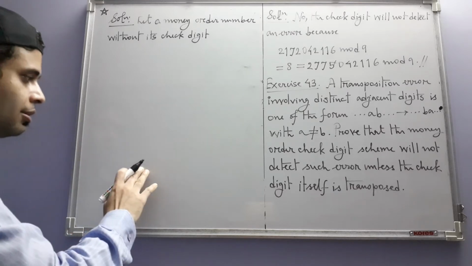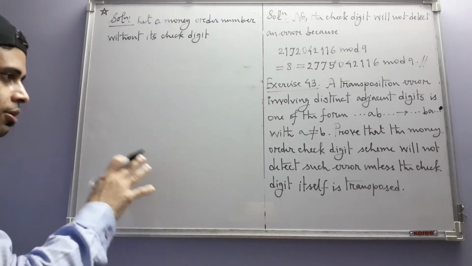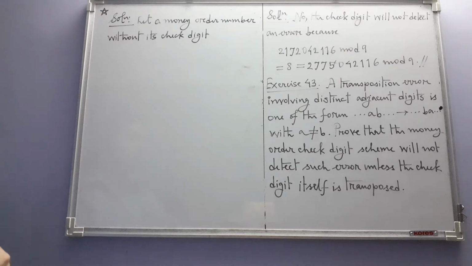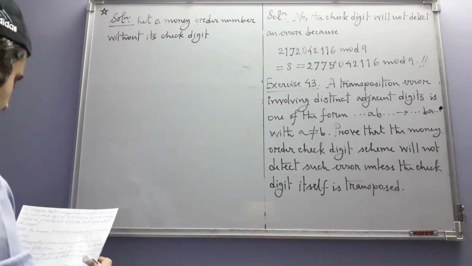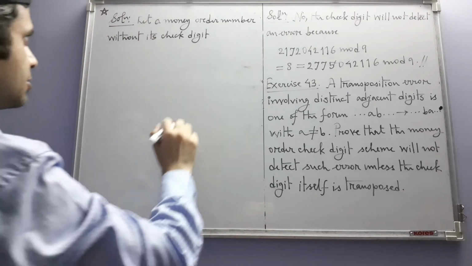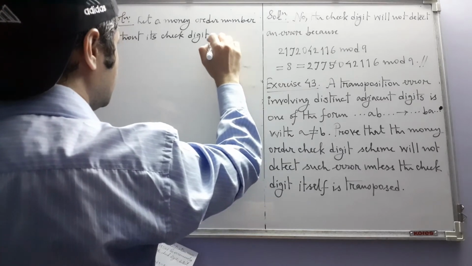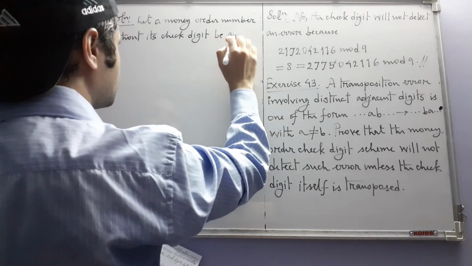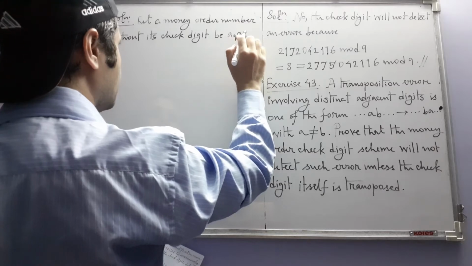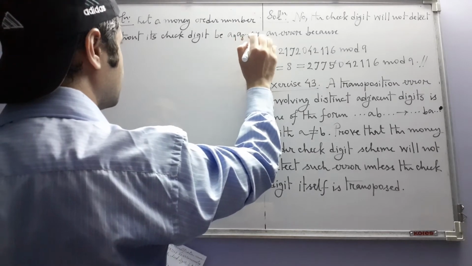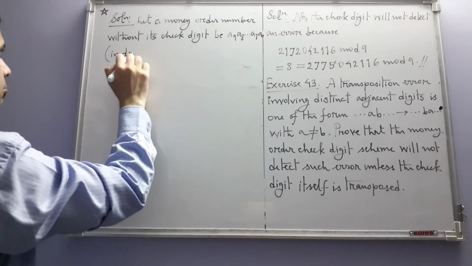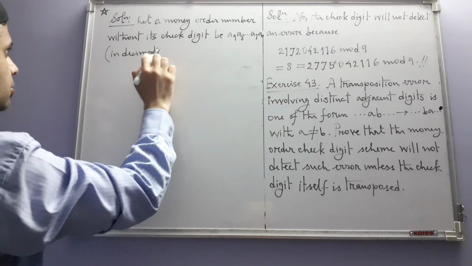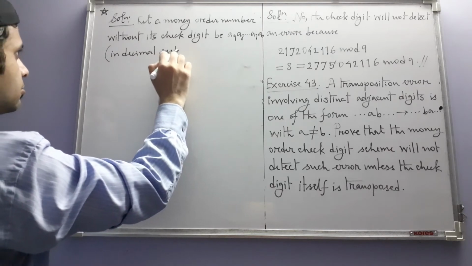The check digit, although it's written with the number, is not a part of the number, but it is something that comes with the number. But just for the sake of clarity, we are writing without its check digit: A9, A8, just like before, down to A0, written in decimal system.